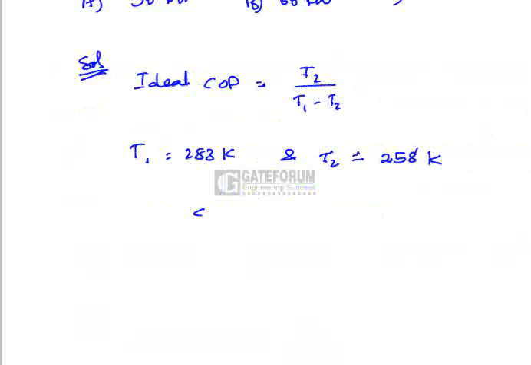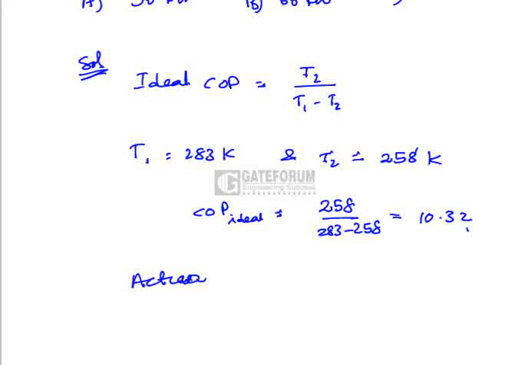So here ideal COP of the cycle is given by 258 by 283 minus 258, which is equal to 10.32, and actual COP of the cycle is equal to one third of the ideal COP, that is 10.32. So that here 10.32 by 3 is equal to 3.44.